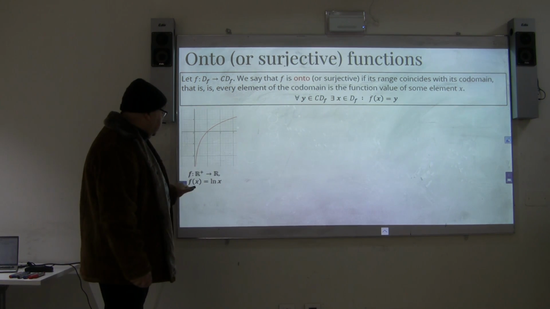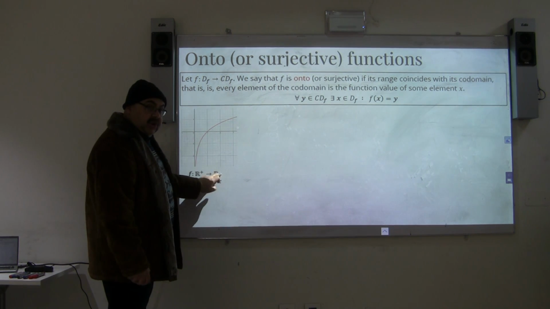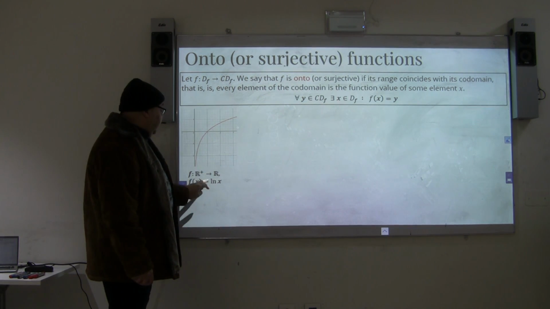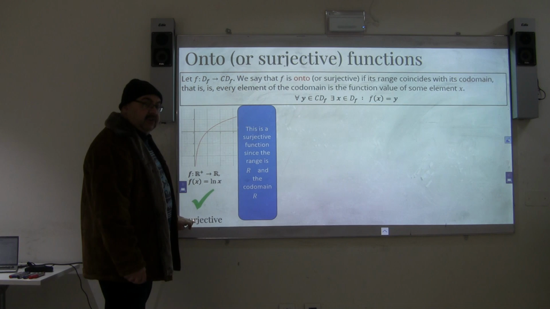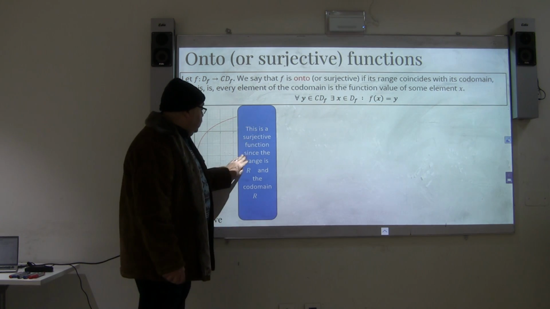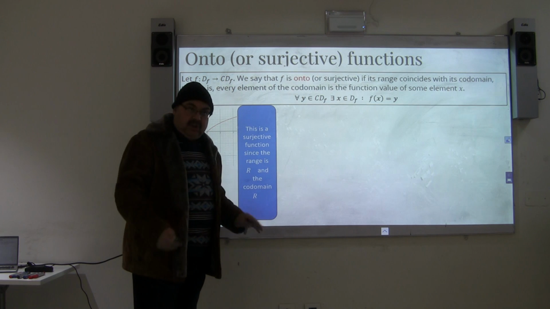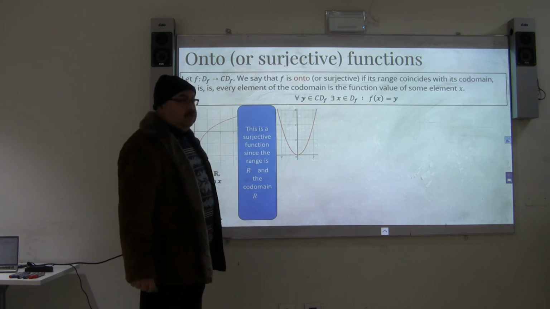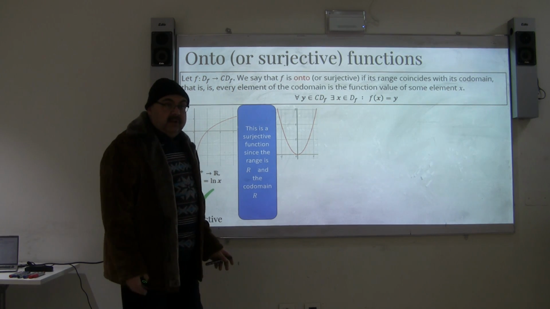For this function, the domain is from R positive into R. So f of x equal to ln of x is a surjective function because the codomain is completely covered. So this is a surjective function since the range and the codomain coincide with each other.